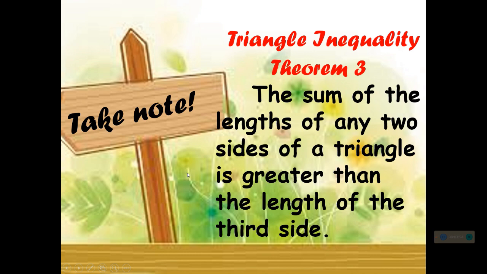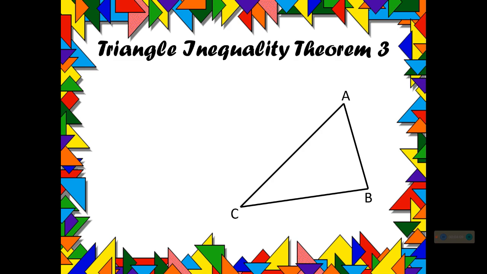We have to take note of the triangle inequality theorem 3, wherein it says that the sum of the lengths of any two sides of a triangle is greater than the length of the third side. In this figure, we have here triangle ABC. We may say that the measure of AB plus the measure of AC is greater than BC.